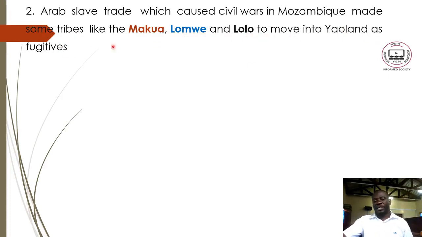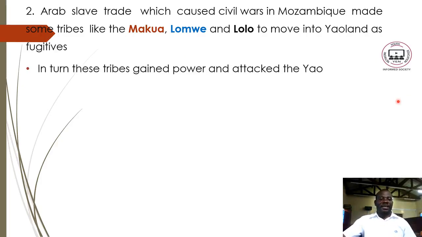So they gave pressure into the Yao land there. In turn, these tribes, they gained power and attacked the Yao. So as these tribes were entering the Yao land, running away from Arab slave trade, they gained power within the Yao land, and as a result, they attacked the owners of the land, that is the Yao land.